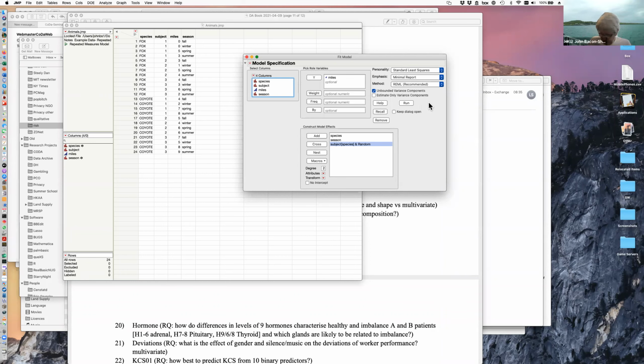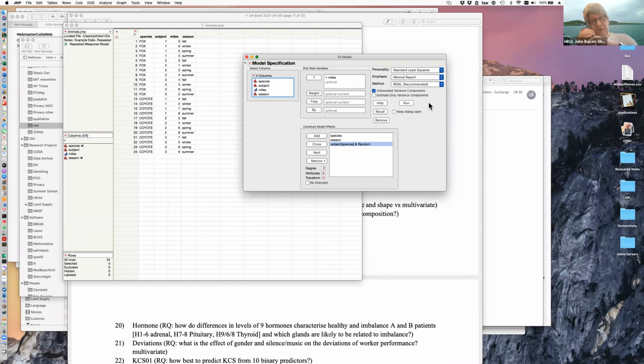So this means it's restricted in the sense it recognizes that the variance components cannot be negative, right? We can even tell it we only want to estimate the variance components if we were only interested in the random effects. But here we want to understand both the fixed effects, species and season, and we want to take into account the subject effect, which is a random effect.